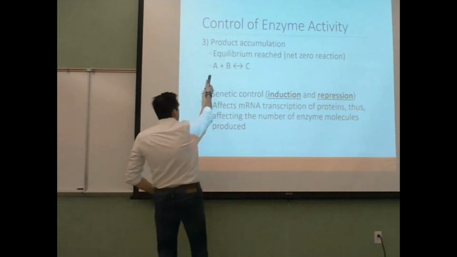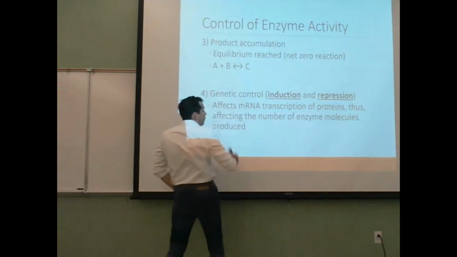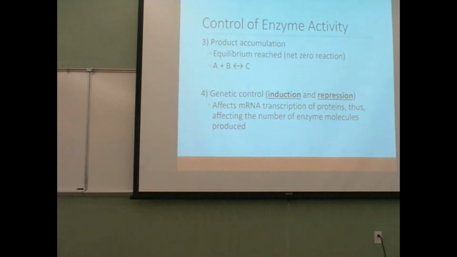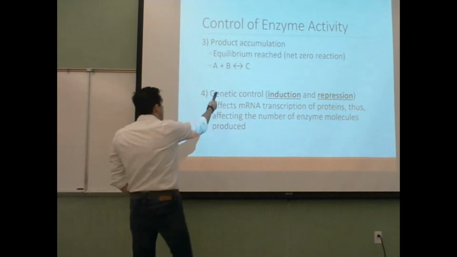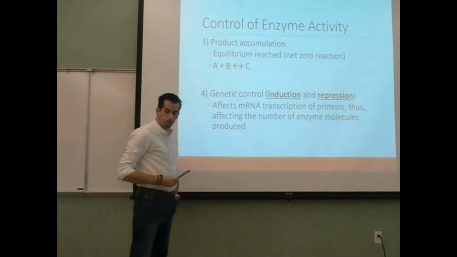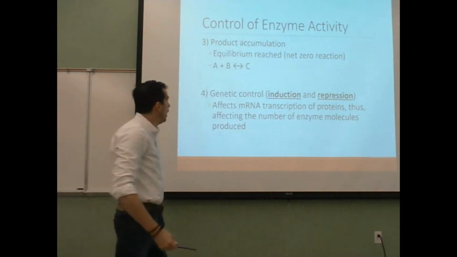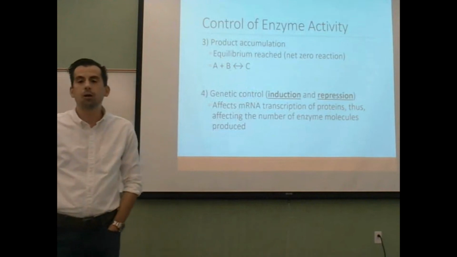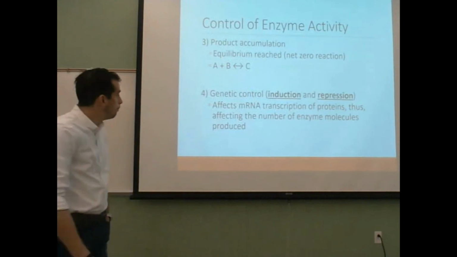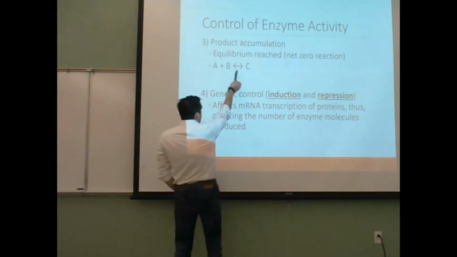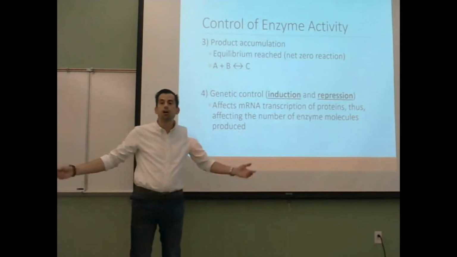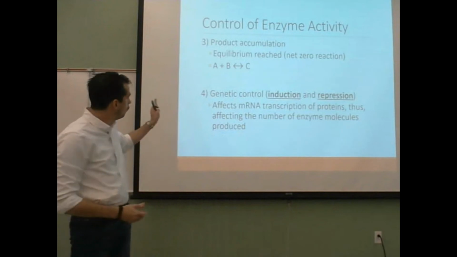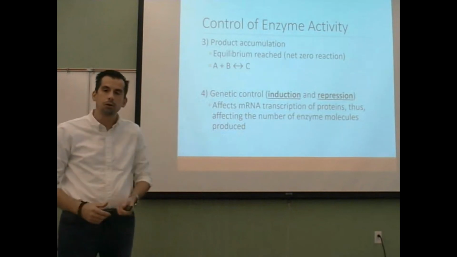So if we are going from reactants to products here, and we've got an enzyme handling that transition, if we keep A and B quantities stable, and we let C just sit around, then yes, we'll reach an equilibrium. And at that point, enzyme activity will go to 0 because there's nothing for it to do. We're accomplishing nothing. The reaction is taking place at equal rates forward and backward.